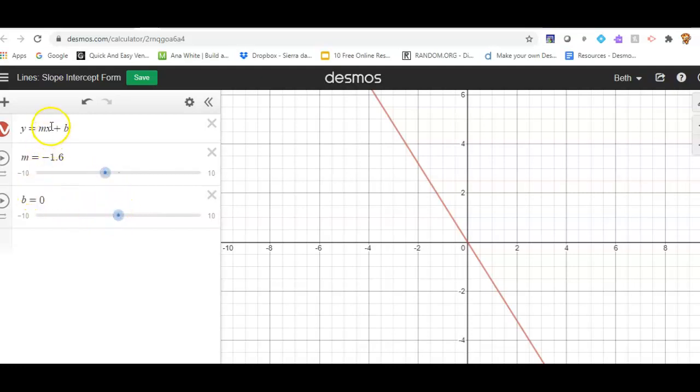Same thing with the b value. It's very hard to have an h value and a k value when we're talking about the linear function. If you think about the b as being the k value, when you add a number, this line goes up. When you subtract a number, this line goes down.